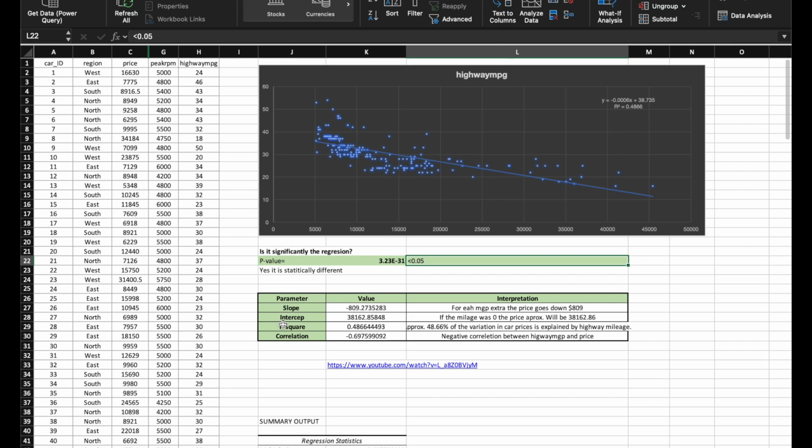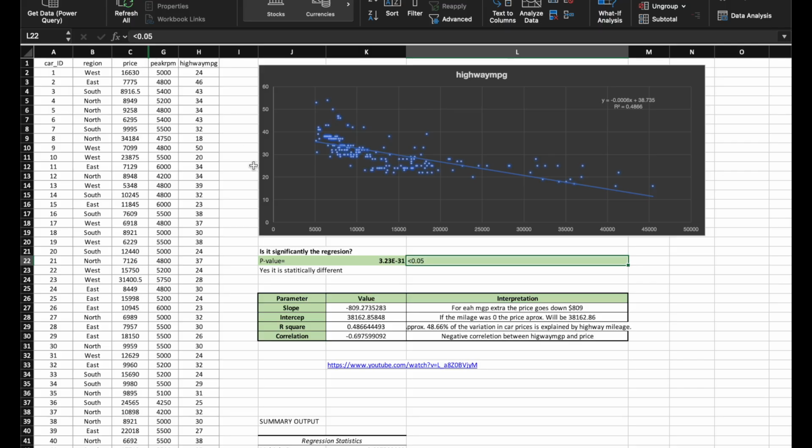Question number 2 is, can highway mileage predict car price, and is the result significant? Here we will use a linear regression. This method finds the best straight line that describes the relationship between variables, in this case price and peak RPM.